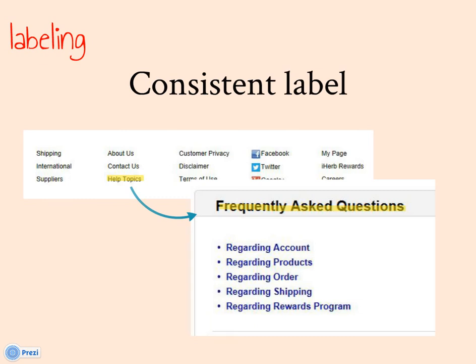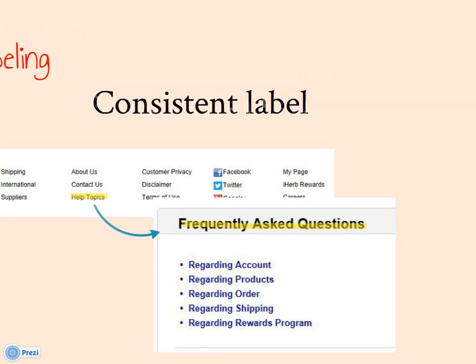That's a problem. Inconsistent use of labels can make users confused. A website should choose one label and stick to it. Otherwise, it could destroy the understanding that the user needs when navigating the site.